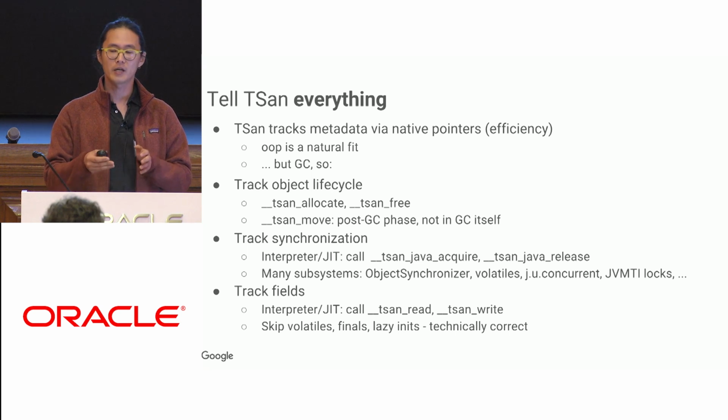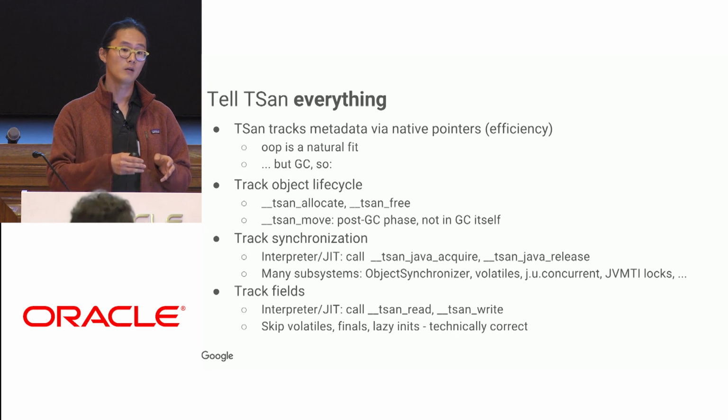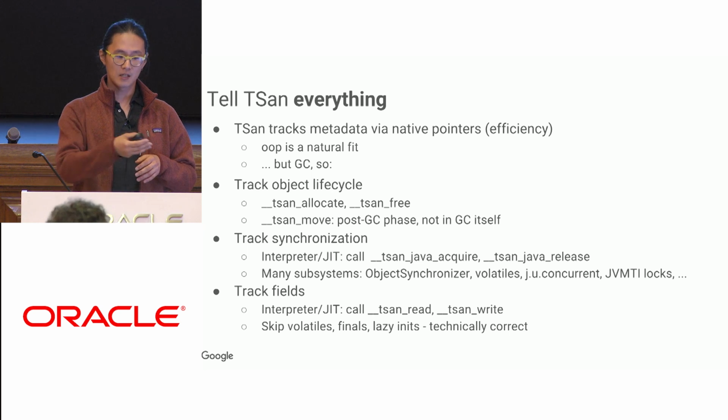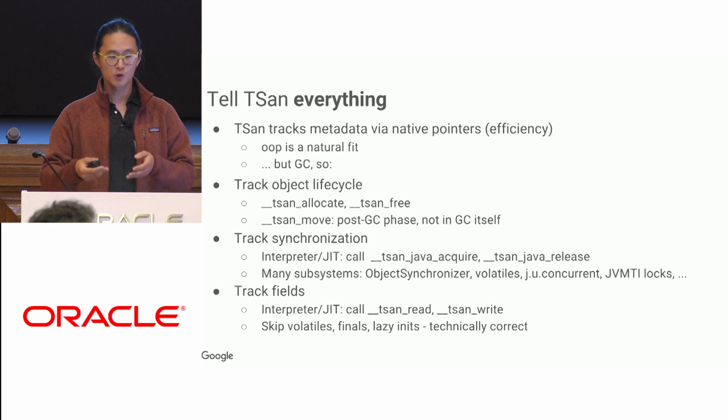So we don't bother tracking whether volatiles race, but we do keep track of their synchronization. Similarly, final fields never race, so we just skip those. For special lazy initialization idioms, the tool can't really understand them well, so instead we annotate those in the source code, and those annotations are tracked, and we make sure to not track certain fields.